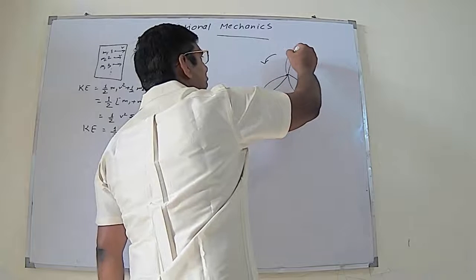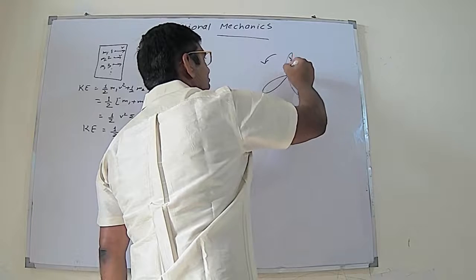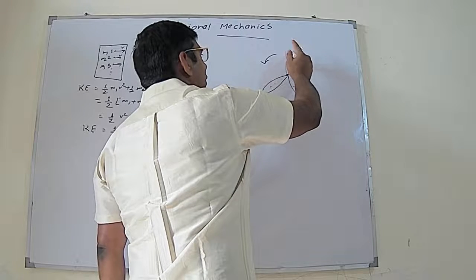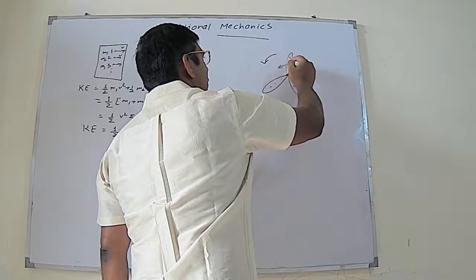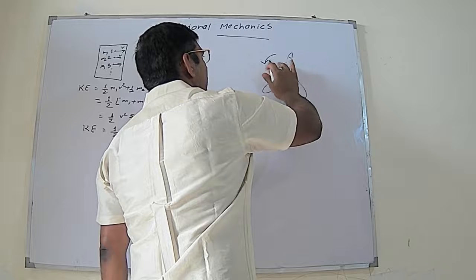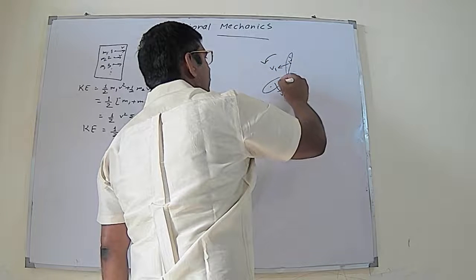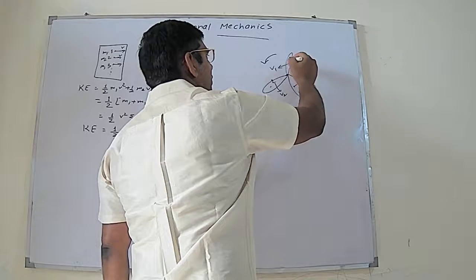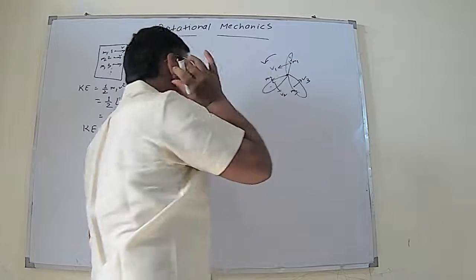Because it is made of so many particles. Suppose this is v1, this is v2, and this is v3, like that. So these are m1, m2, m3.